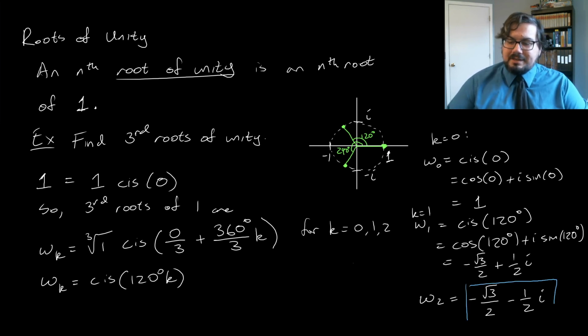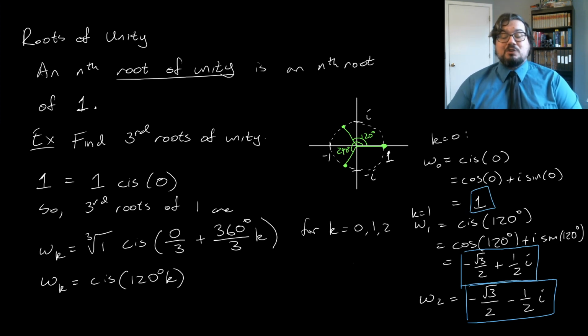So we see that there are actually 3 complex numbers that have the property that when you cube them, you get 1. And they are the numbers 1, negative square root of 3 over 2 plus 1/2 i, and negative square root of 3 over 2 minus 1/2 i. A good exercise if you want to practice working with complex numbers is to confirm this.